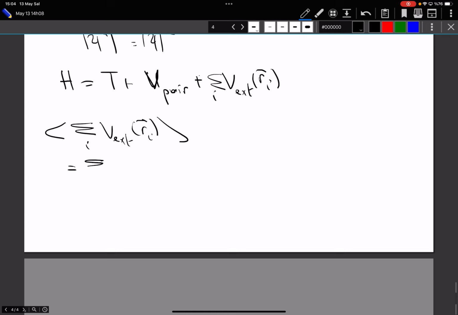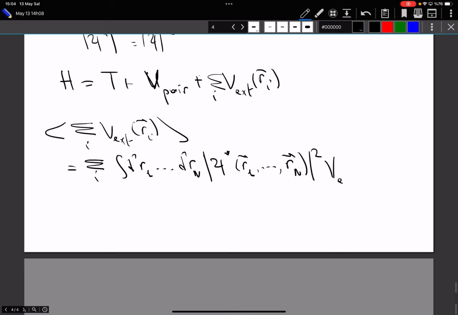So this will be the sum over i of the integral d cubed r1 through d cubed rn of psi star of r1 up to rn, squared, times v external of ri. Now i is just one of 1 through n.